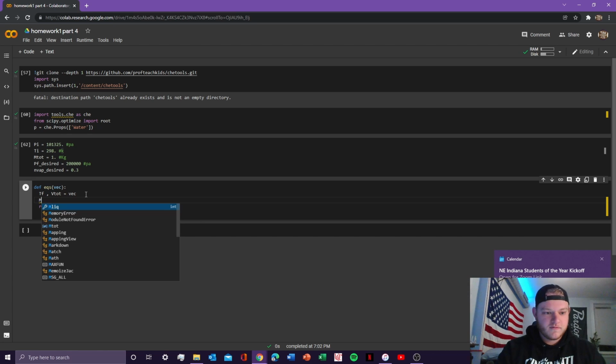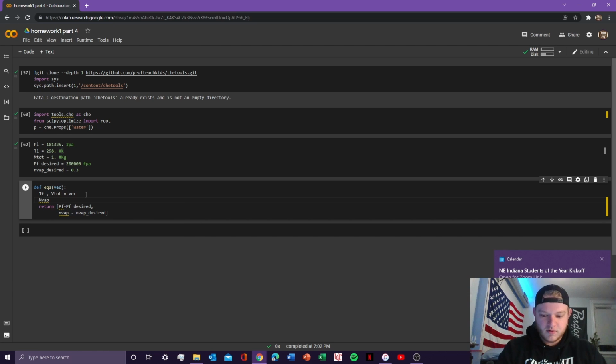Alright, so we're going to define M vapor, so mass of the vapor first, because we solved that by doing the moles of vapor desired. That was multiplied by 18 times 10 to the negative third.